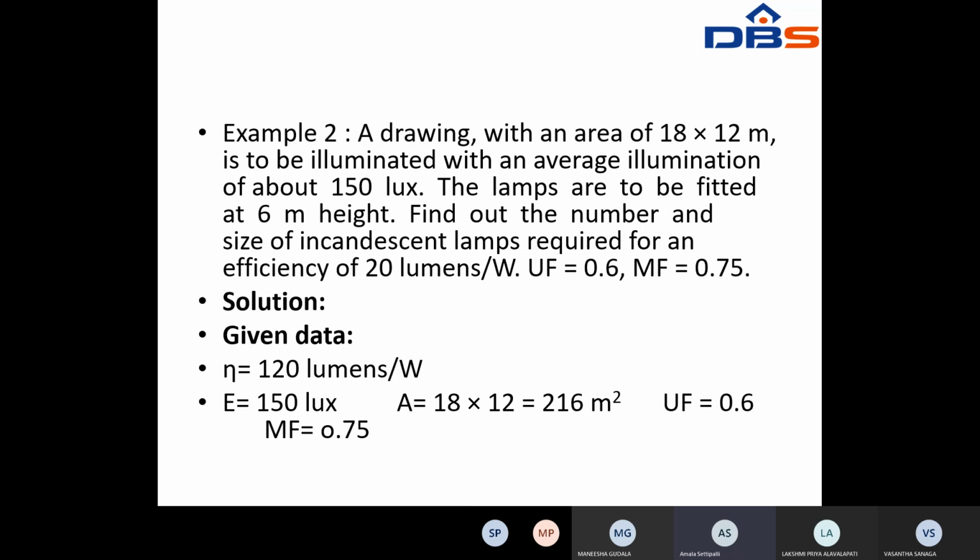The lamps are to be fitted at 16 meters height. Find out the number and size of incandescent lamps required for an efficiency of 20 lumens per watt. The utilization factor is 0.6 and the maintenance factor is 0.5. So here you have to find out the number and size of the incandescent lamp. First you have to write down this problem, all of you.